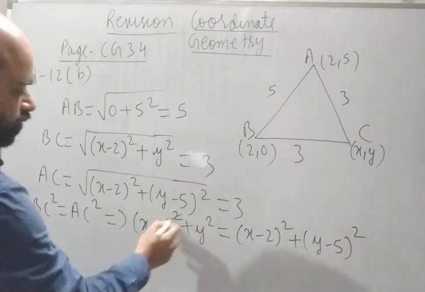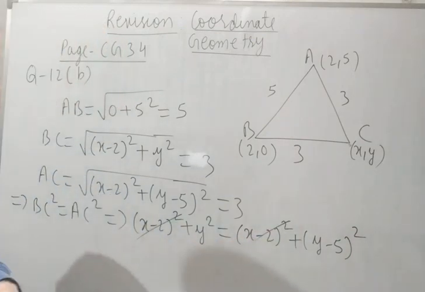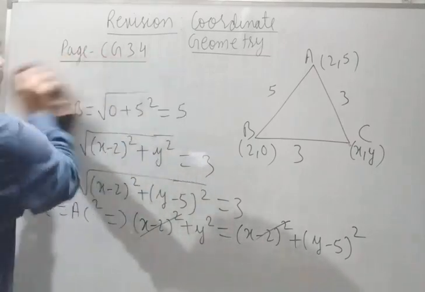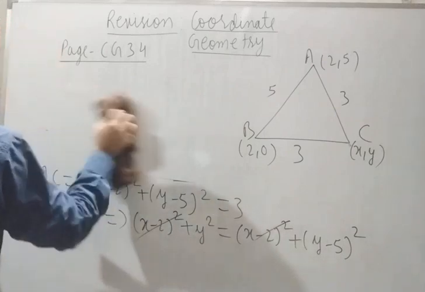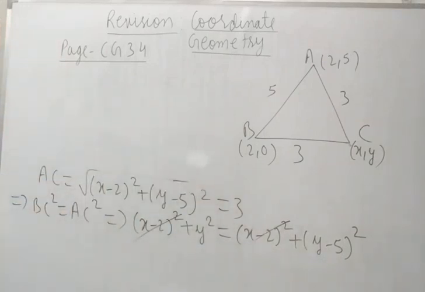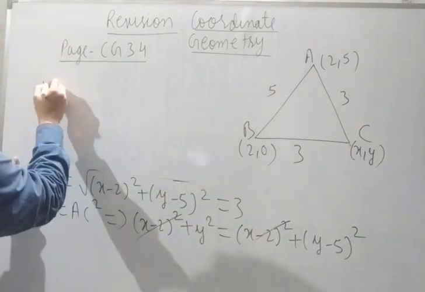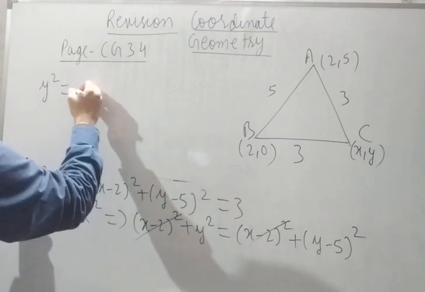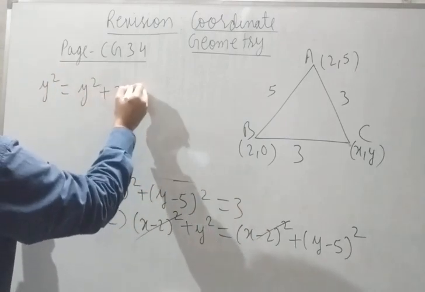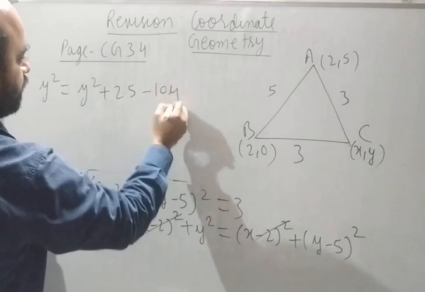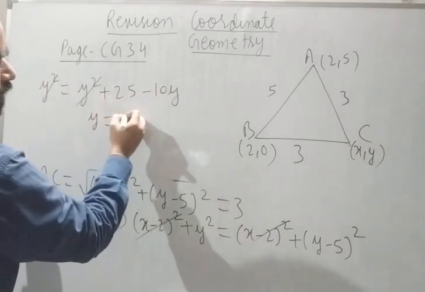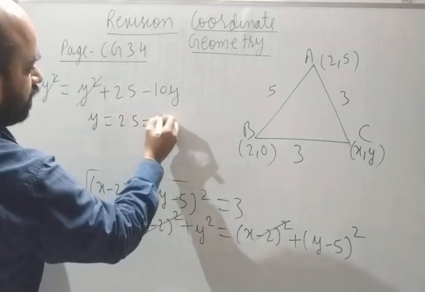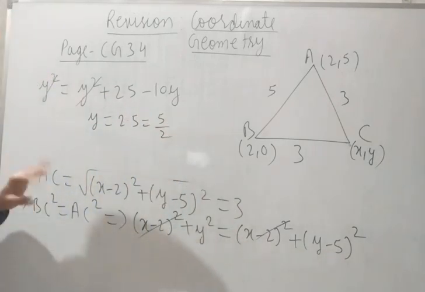So x minus 2 whole square, x minus 2 whole square cancelled. Clear? So what is left? Y square, and here y square plus 25 minus 10y. So these two are cancelled. It means y is equal to 2.5 or 5 by 2. So y is 5 by 2.